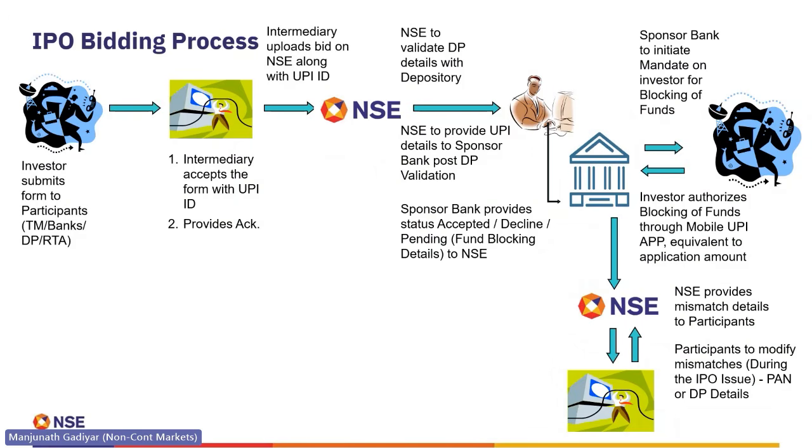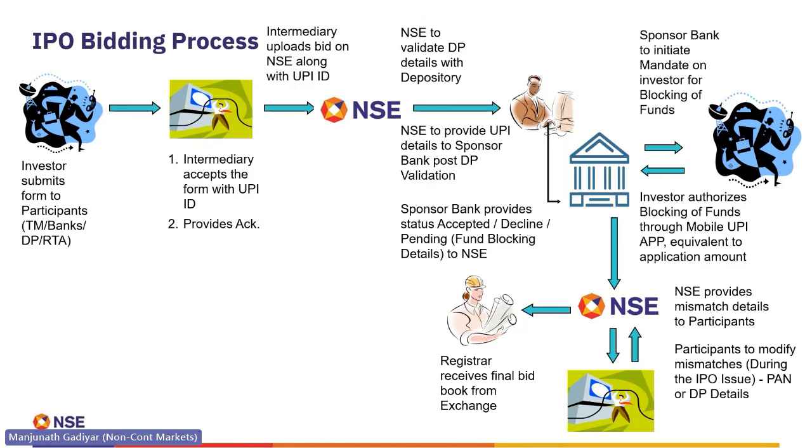So there are two ways: one is ASBA and one is UPI. This goes on for a minimum of 3 days and a maximum of 10 days in case of SME and mainboard IPO. Once the bids are received and the 3-day bidding is closed, the bid book is sent to the registrar for further processing of the bids.